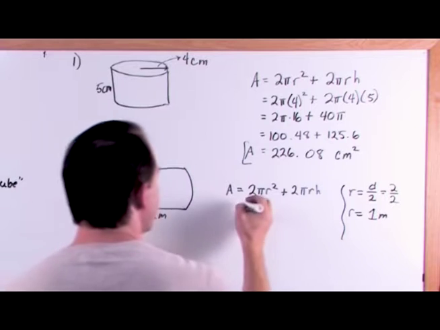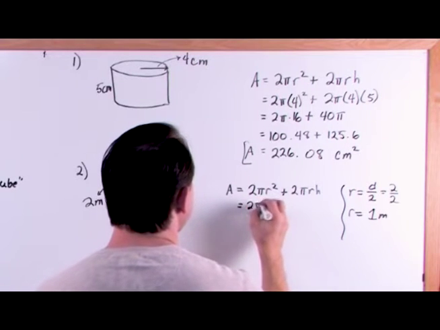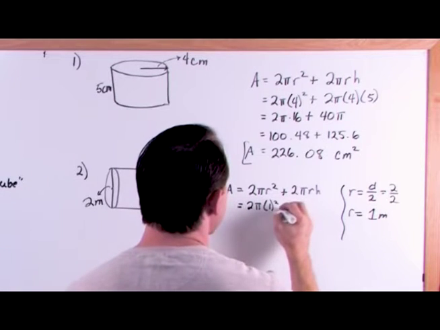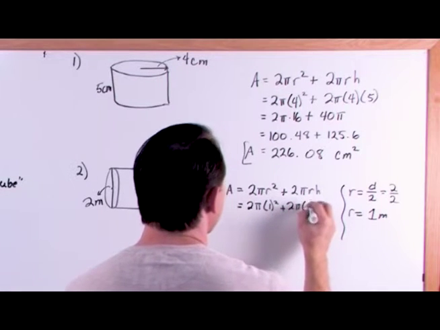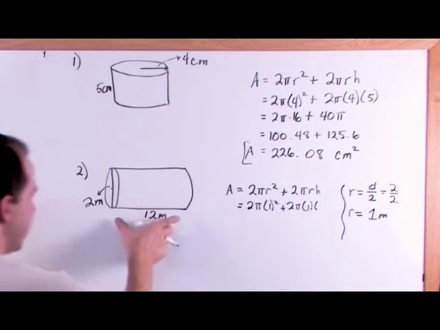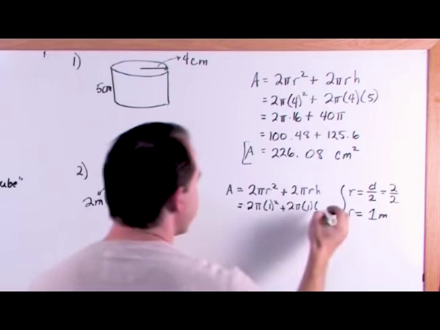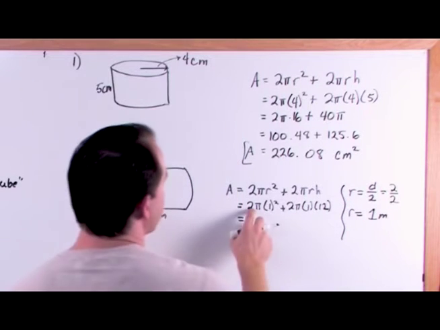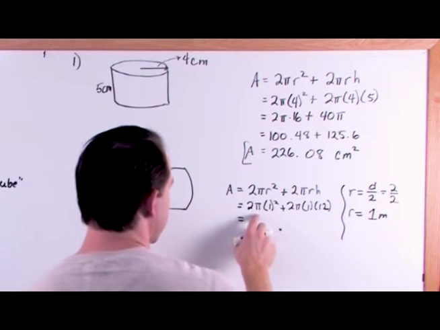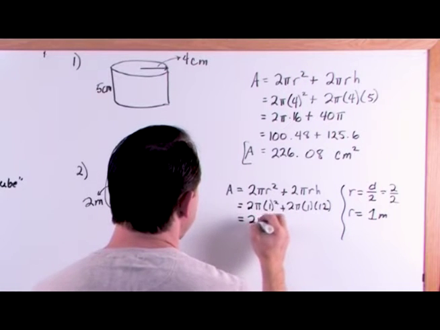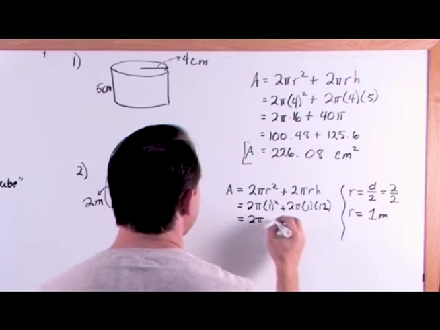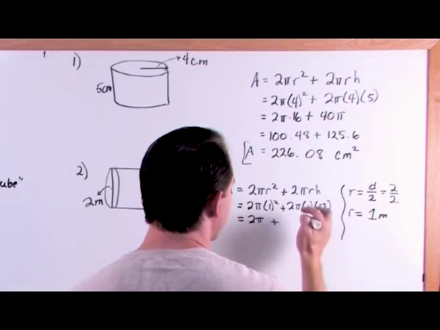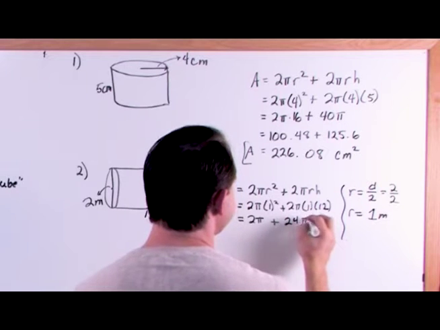So the area is equal to 2 pi times 1 squared, because the radius we just found is 1, plus 2 pi, again 1 is the radius, and the height of the cylinder, because it's on its side, is just 12. So we start multiplying through here. We have 2 pi plus, because 1 squared is just 1, and 2 pi times 1 times 12 is just going to be 24 pi.